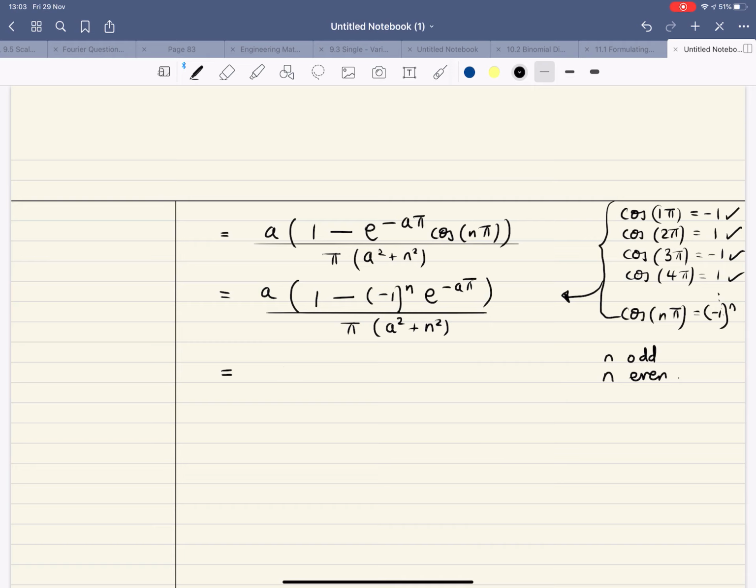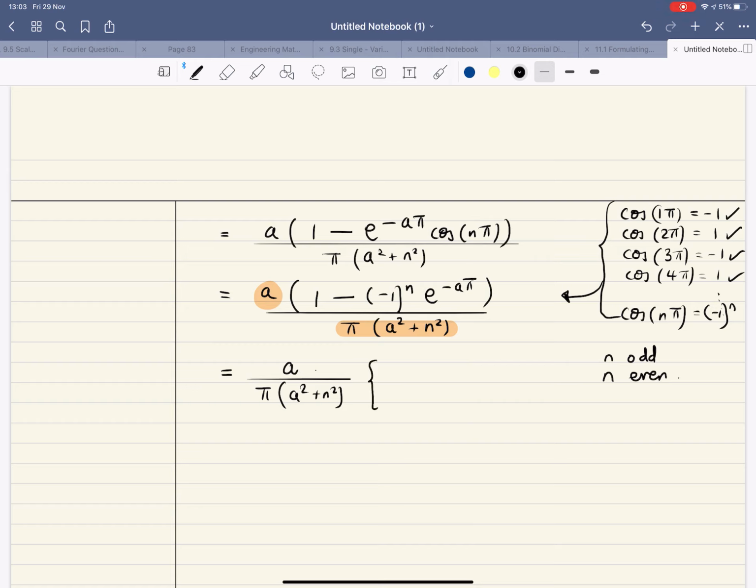So it's a over pi times a squared plus n squared, going by the way the answers are formed on the sheet to make this a bit easier. So I've taken that bit outside the bracket, so to speak.